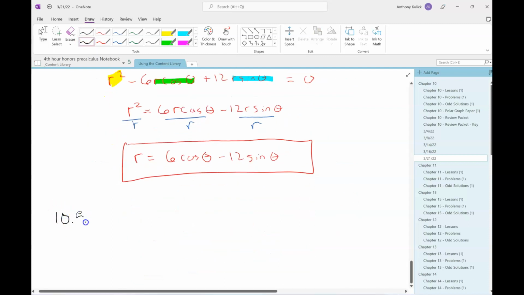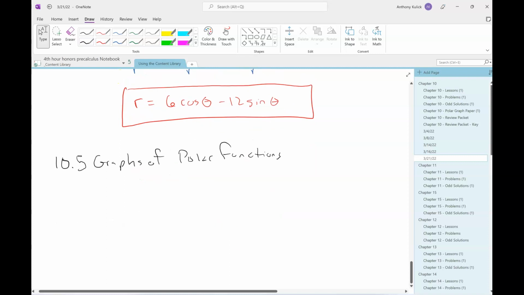Section 10.5, we're going to be talking about the graphs of some polar functions. And the first thing we're going to talk about here are mins and maxes, domain and ranges, and like symmetries.